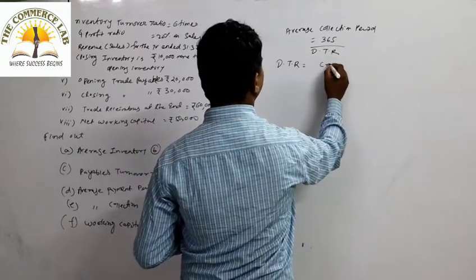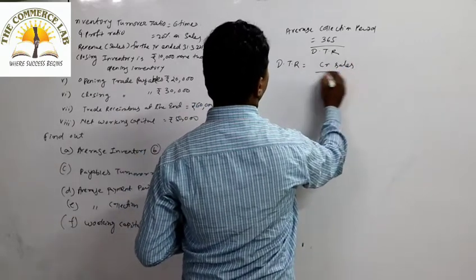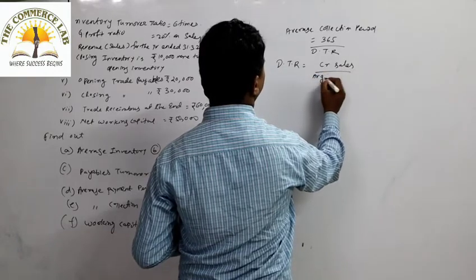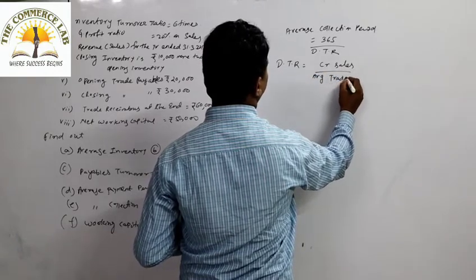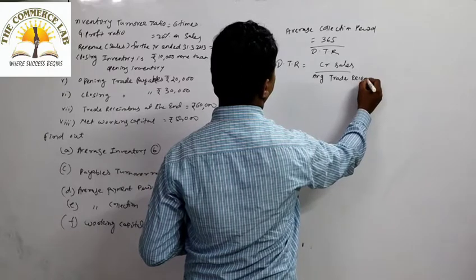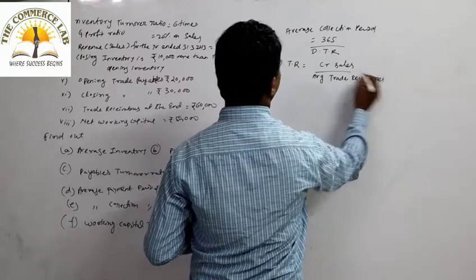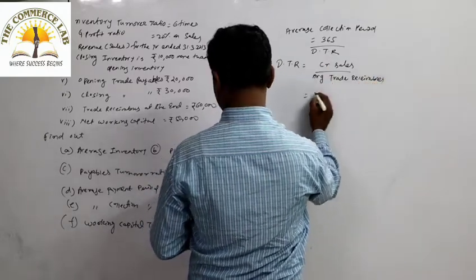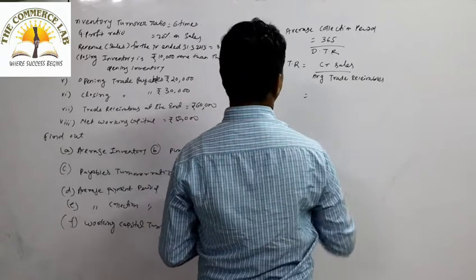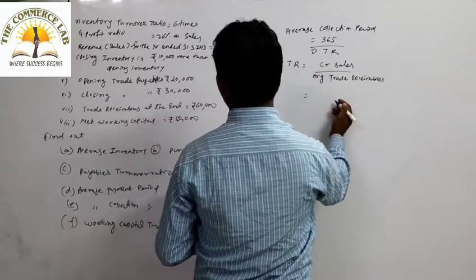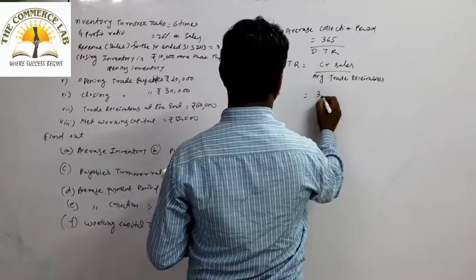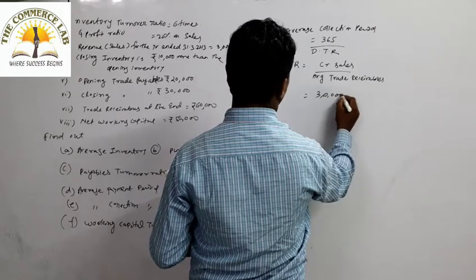What is debtor turnover ratio? The net credit sales divided by average trade receivables. So how much credit sales did we make? You can assume that the 3 lakh will be your credit sales.